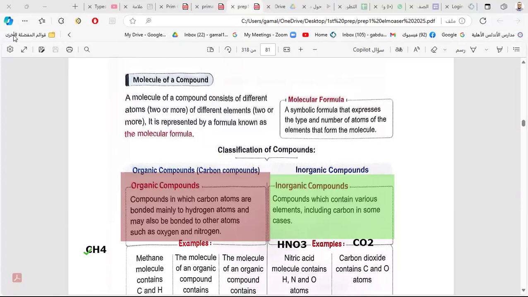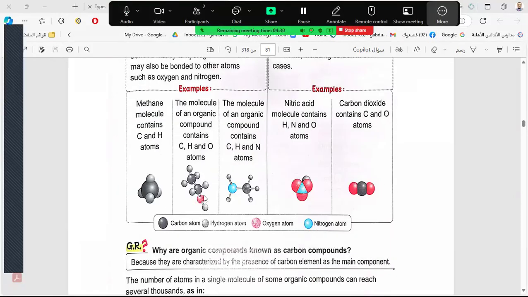Okay, let's see here how many atoms. Look here. How many atoms here? 3 red, one blue and one gray. Do you remember the formula of nitric acid?